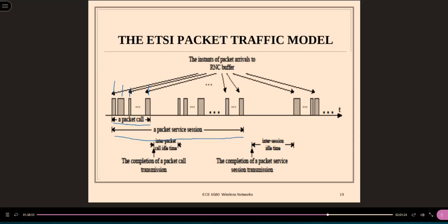And now these packets, of course, are transmitted not in synchronism, but there are random periods of time between successive packets. So the inter-packet call idle time is a statistical quantity. From here to here, there's a certain amount of idle time. From here to here, there's a certain amount of idle time, and so on and so forth.